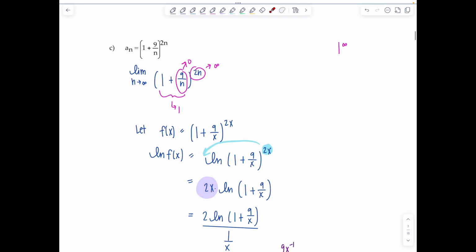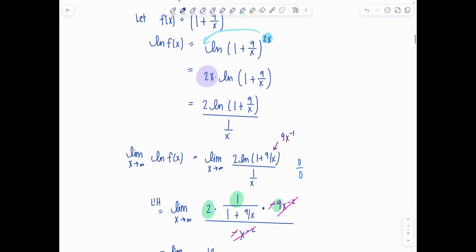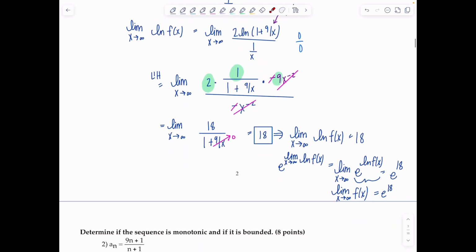I would just say this right here, the limit as n goes to infinity, write back n, because that was how the sequence was originally given to us, of (1 plus 9 over n) to the 2n is e to the 18th. And then that's perfect. That's all we need. Okay? Good, good. I think that's the most dangerous step. Maybe that and like rewriting. Sometimes students mess up with the derivative and the chain rule here, sadly.